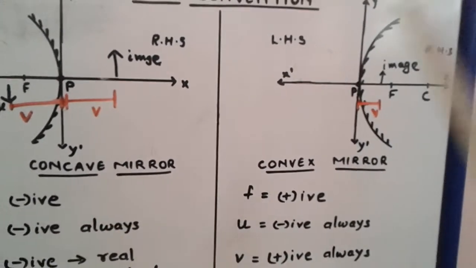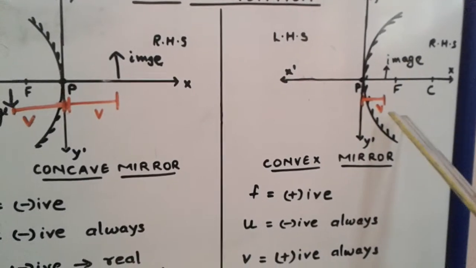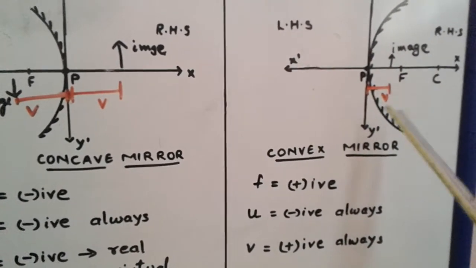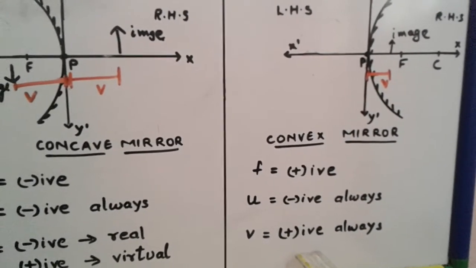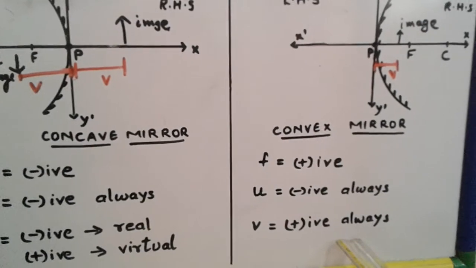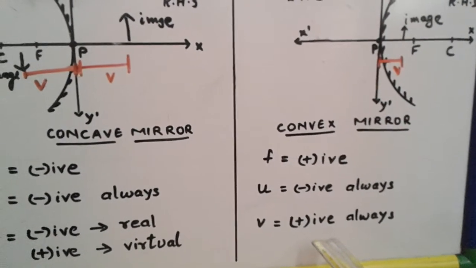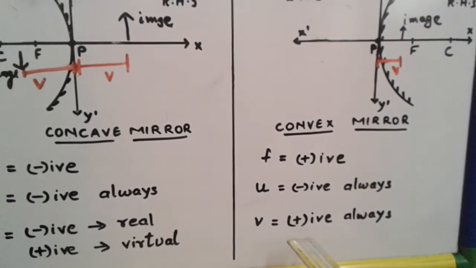Why? Because the convex mirror always gives a virtual image. In all the cases, it gives a virtual image, and therefore the value of v is always positive for the convex mirror. There is nothing to be worried about for the convex mirror, because you only have to remember a single thing, that the sign will be positive.